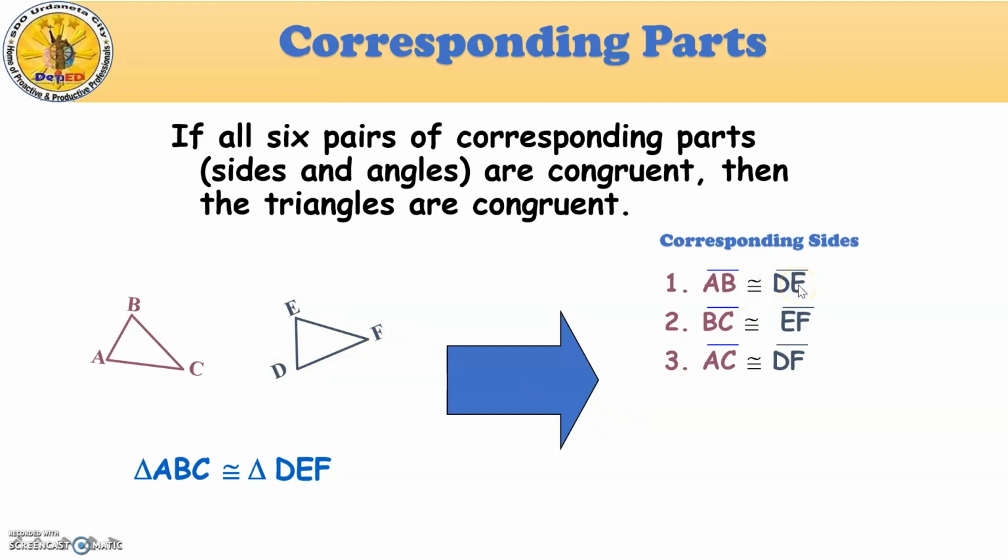Now, since the 3 corresponding sides of the 2 triangles are proven congruent, let's check the other parts, the angles. The corresponding angles must also be congruent.